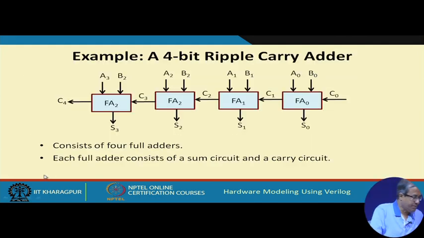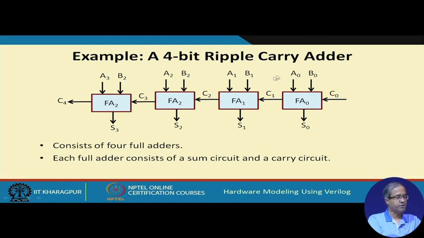Let us take an example to illustrate structural design. Now, this is a circuit which you must be familiar with. This is a 4-bit ripple carry adder. Just to recall, a 4-bit ripple carry adder consists of 4 full adders. I want to add 2 numbers A0, A1, A2, A3 and B0, B1, B2, B3, which are all 4-bit numbers.